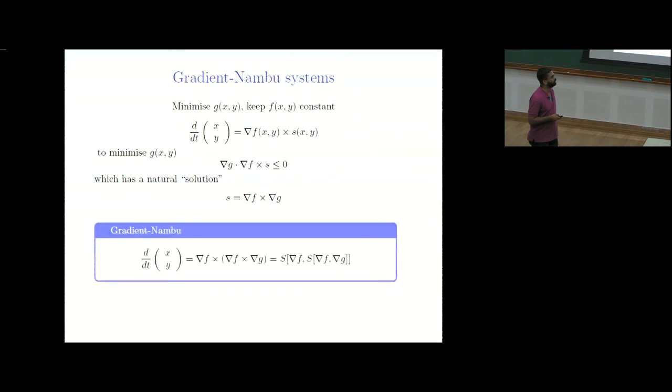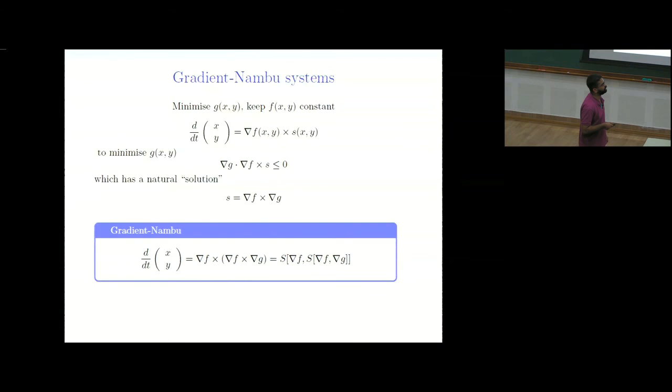Okay? So it tells you the gradient Nambu system you want is the gradient of the thing you want to keep constant, cross product with this quantity, which would have been the vector field that kept f and g constant. So what I'm doing is sort of this iterated bracket.